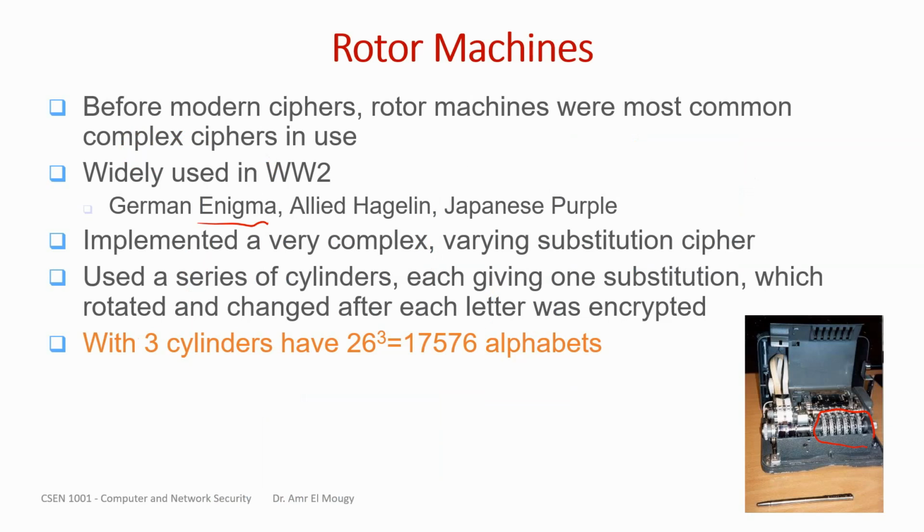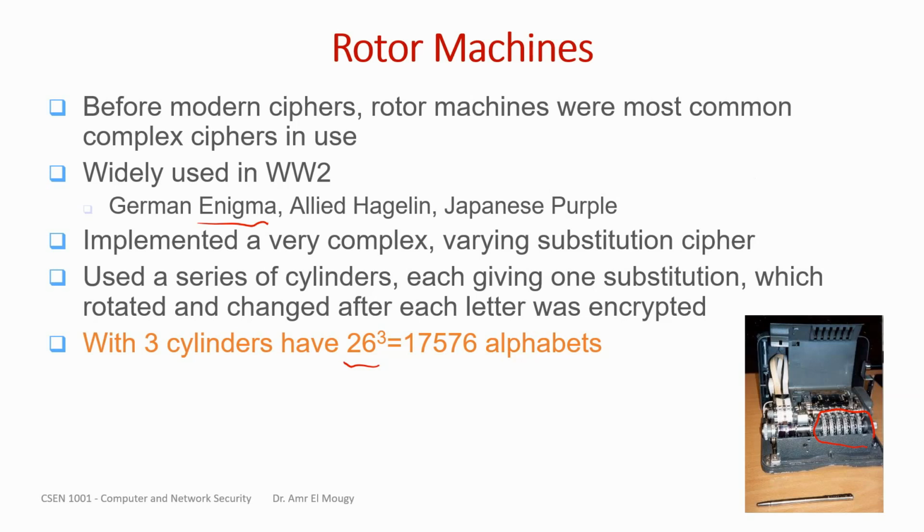If you have 3 rotors and each rotor has 26 letters, you have 26 power 3, or 17,576 different alphabets. It's a huge space to do frequency analysis. And the Japanese machine, I think, had 6 rotors, so that's actually 26 power 6, which is much more difficult. This is why Alan Turing decided that it is impossible to do it by hand.